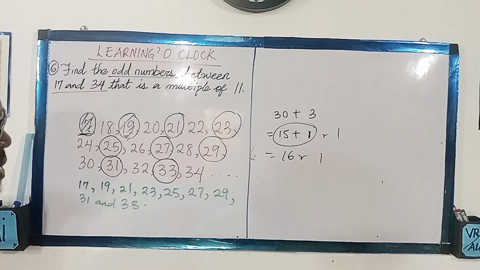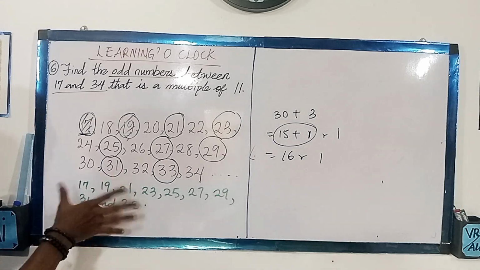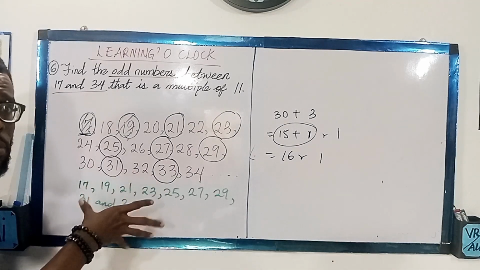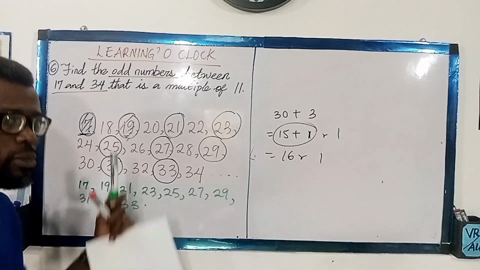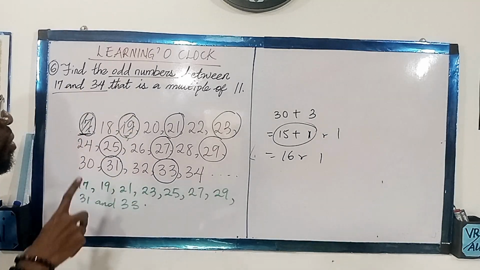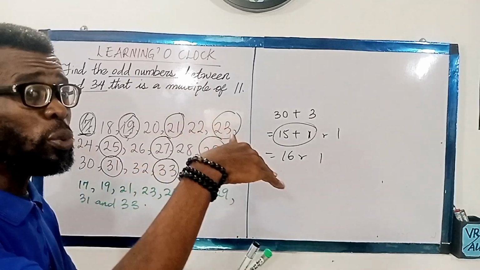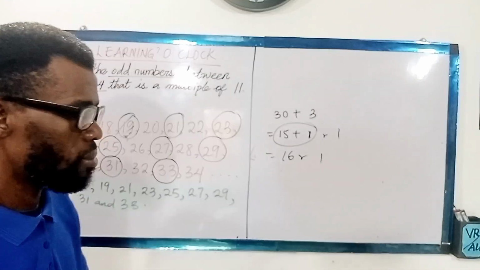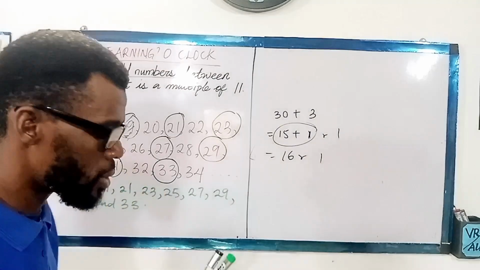But this is not the exact question. You've gotten the odd numbers between 17 and 34. Amazing. But that must also be a multiple of 11. Another concept we need to know: multiples.